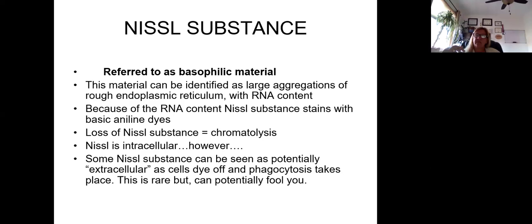It can potentially fool you, but just keep in mind that it really is intracellular, and that's just the angle of the cut that makes it look extracellular.